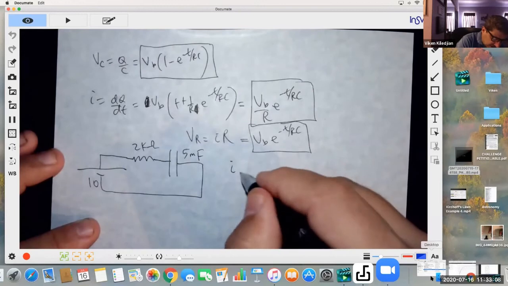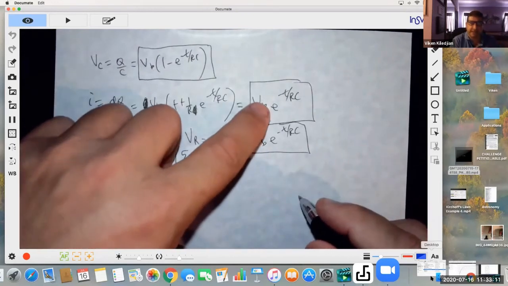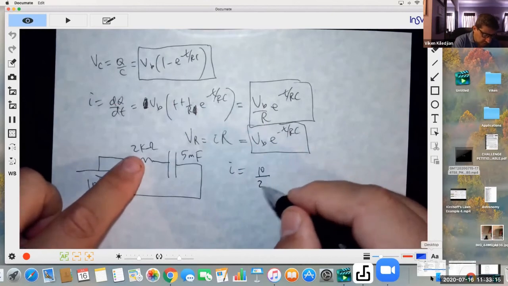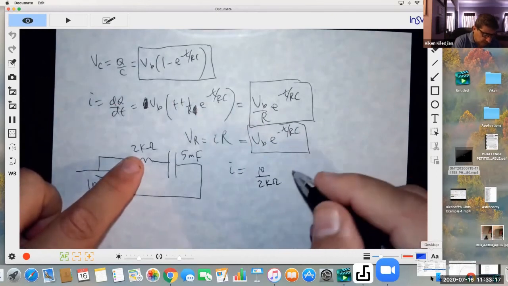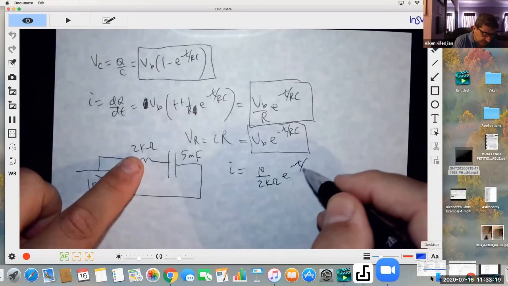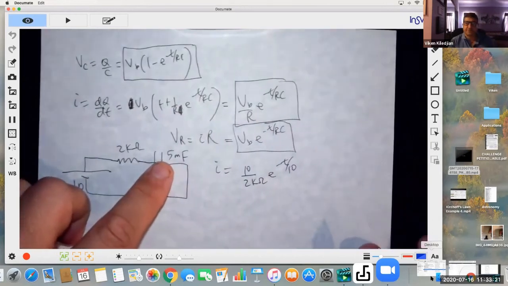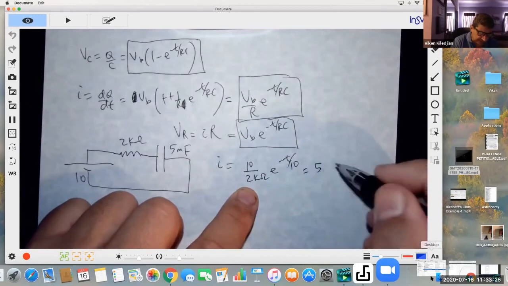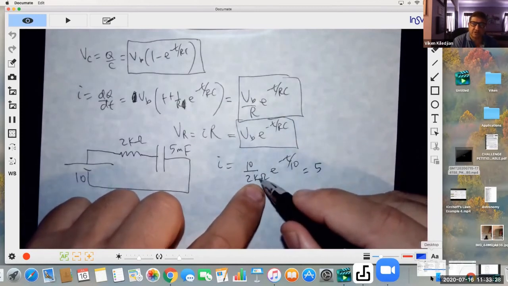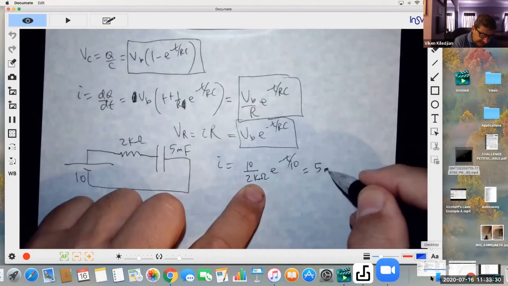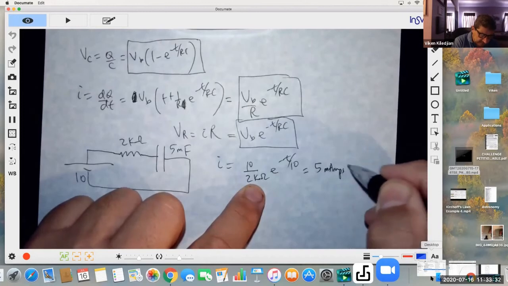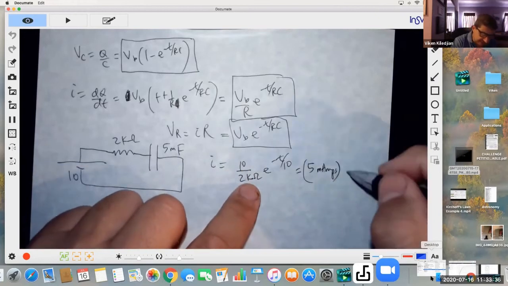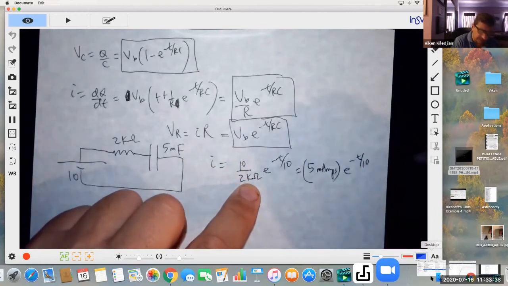So what's the current going to look like? 10 volts over R, 2 kilo ohms, times e to the minus t over 10. Then I could write this as 5, and 1 over kilo is milli, so 5 milliamps e to the minus t over 10.